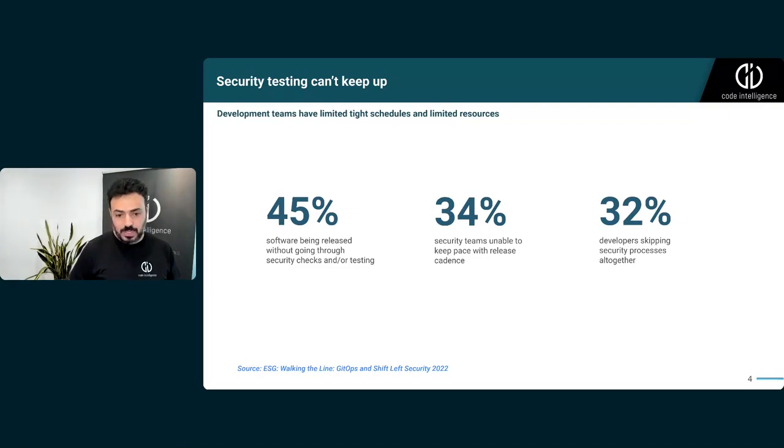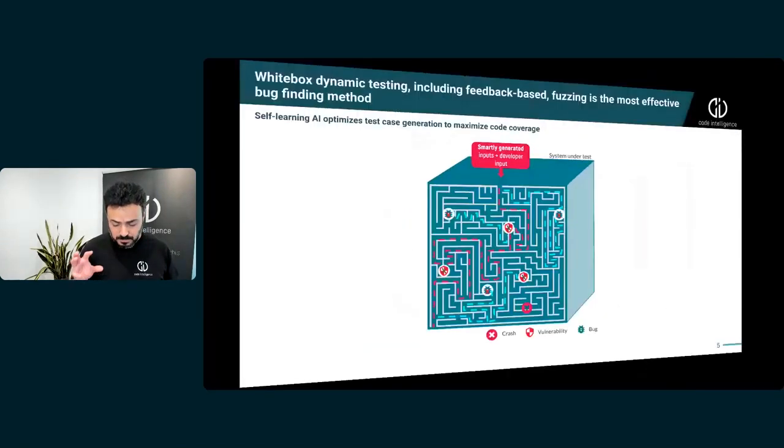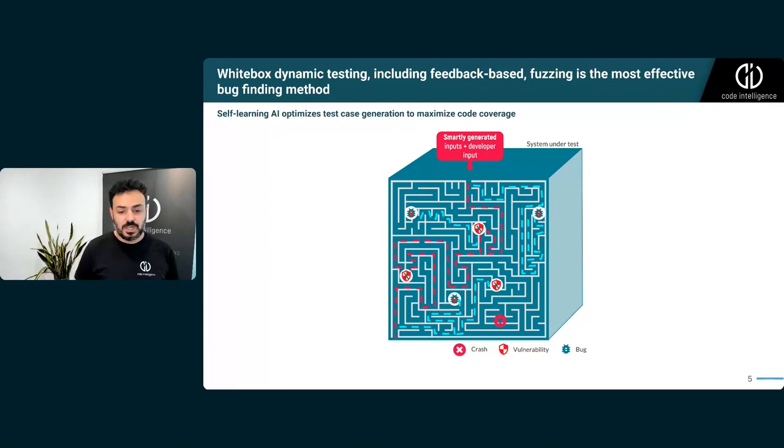If we take a look at security testing, we clearly see that white box dynamic testing, including feedback-based fuzzing, is currently the most effective approach to find bugs and security vulnerabilities in software.